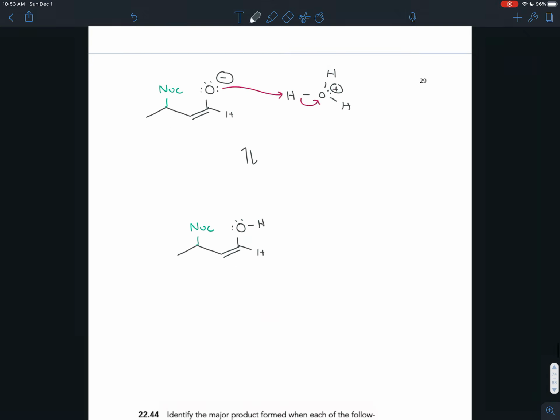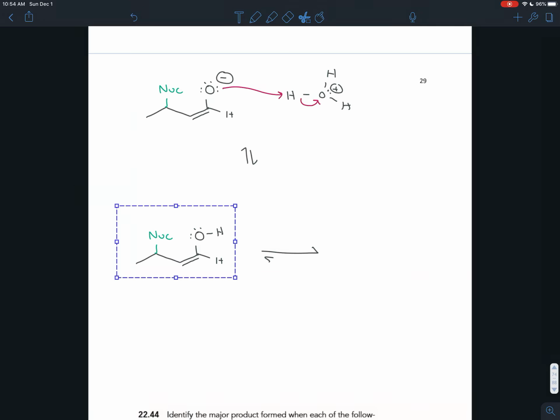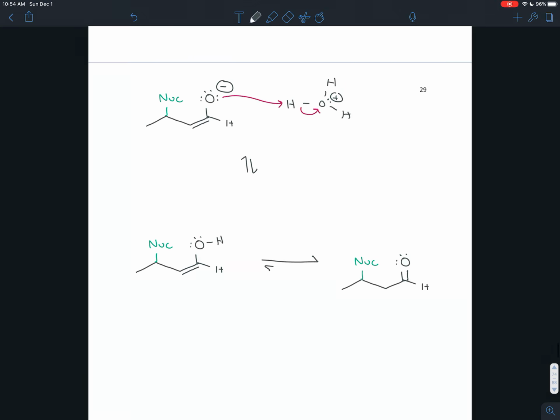And then you'll remember, and this isn't the place to draw this mechanism, I have other videos from this from Organic Chemistry 1, and also from the beginning of this chapter, but you'll remember that anytime you have that enol, you get tautomerization. You always have the enol existing in equilibrium with an aldehyde or a ketone, but most of it will be the aldehyde or ketone, and so here, you just move that hydrogen around, and that tautomerizes.